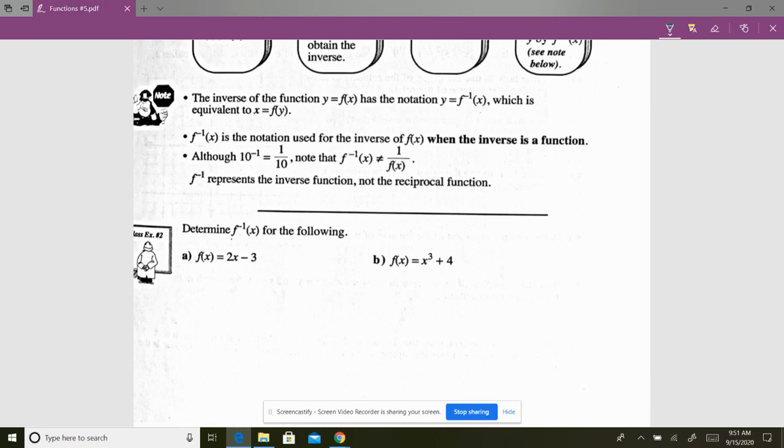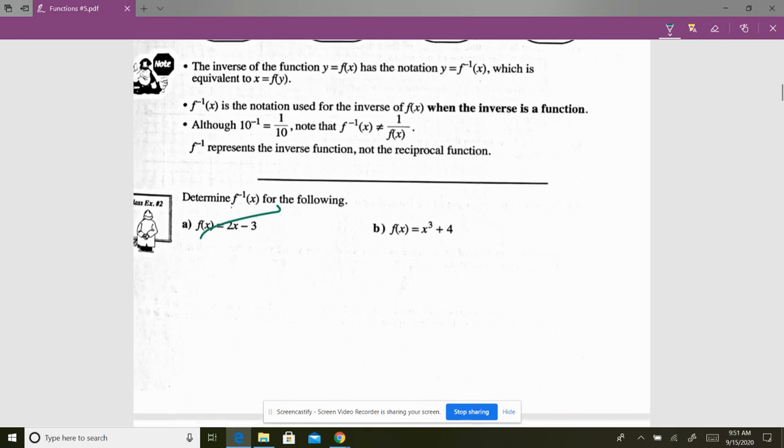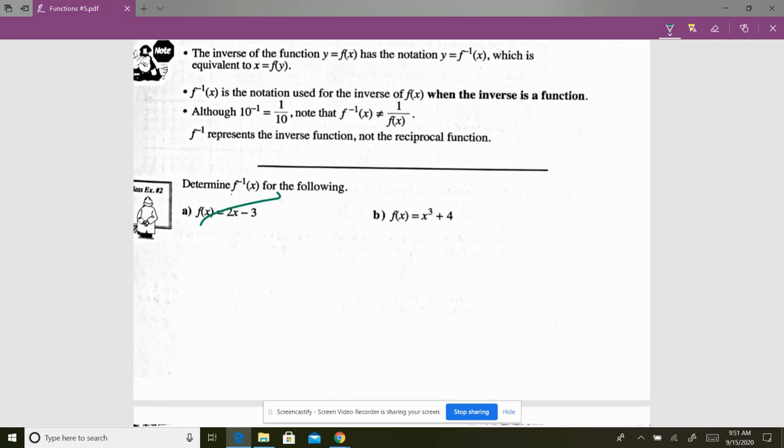Okay. Let's go down to the bottom here. We'll do a little more algebra. So we don't need to do linear line. Let's do this one here. F of x is equal to x cubed plus 4. I want to find f to the minus 1, which is the inverse.